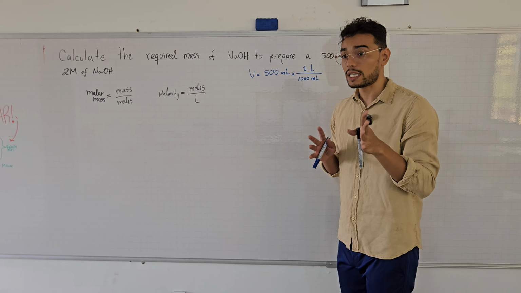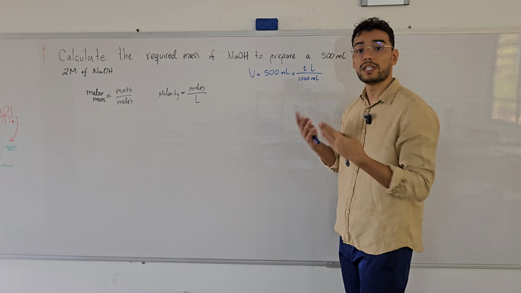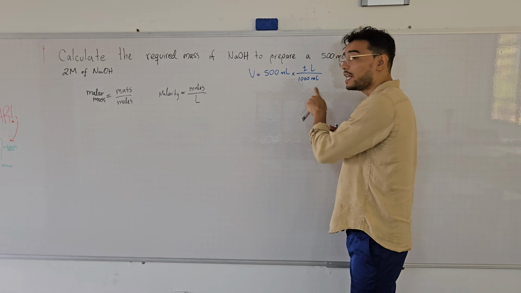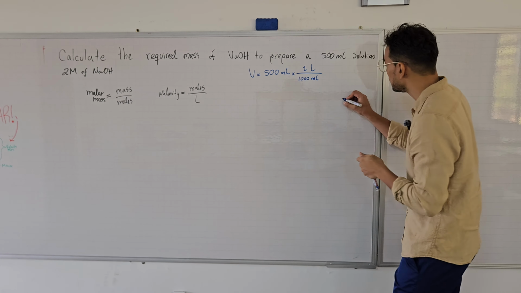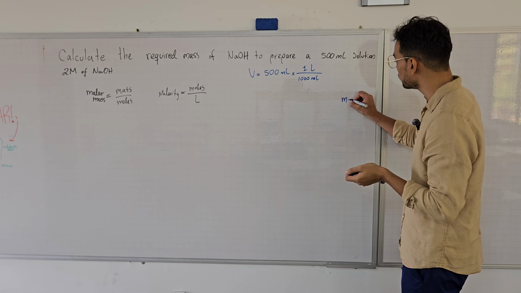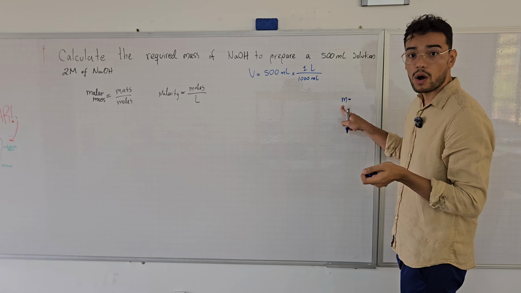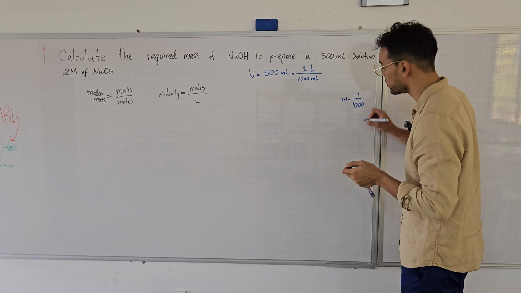Please pay attention to this because it's a common mistake to write the 1000 in the wrong spot. So milliliters is lower than liters. Remember that the prefix milli, which stands with a lowercase m, stands for a 1000th part.